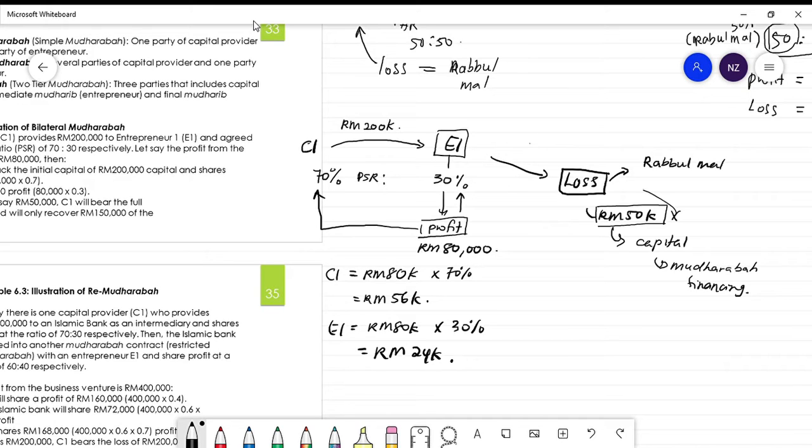So 50k ni terus kita recognize dia as the loss. So amount 50k ni nanti kita akan masukkan dalam SOCI as dia punya expenses, Mudharabah losses kan.